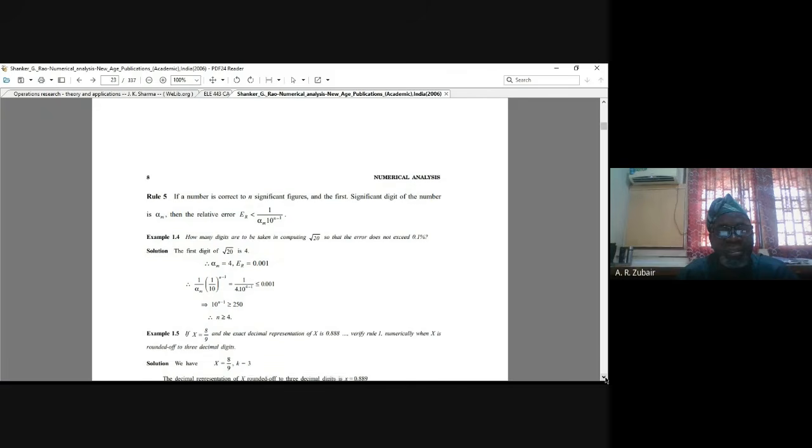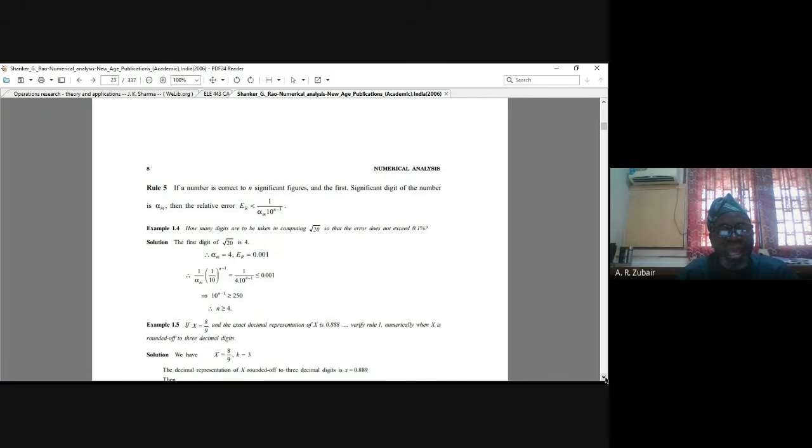Now, 1 over alpha m is 1 over 4 times 10 raised to power 4 minus 1, which is less than that. So n is greater than or equal to 4.